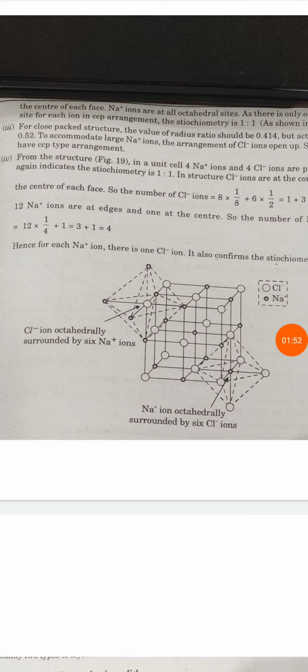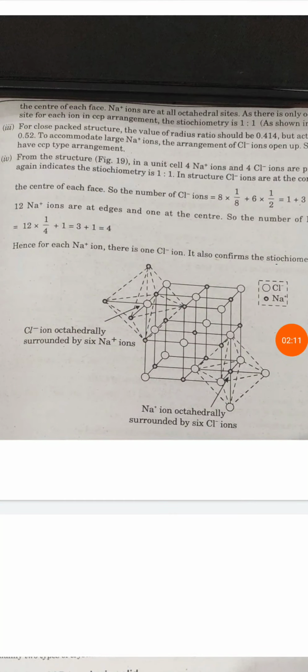That is, chloride ions are at the corners and in the center of each face, and sodium ions are at the octahedral sites, as we have already studied about the octahedral sites and the tetrahedral sites. So sodium ions occupy all the octahedral sites.